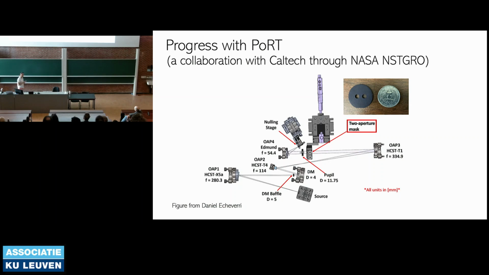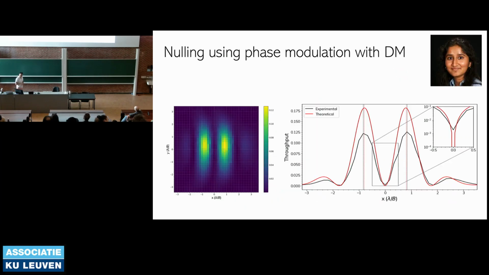We put this aperture mask in the optical system to create fringes. And the fringe that we're producing here is null fringes. And the null is achieved by changing the DM actuator height, right?